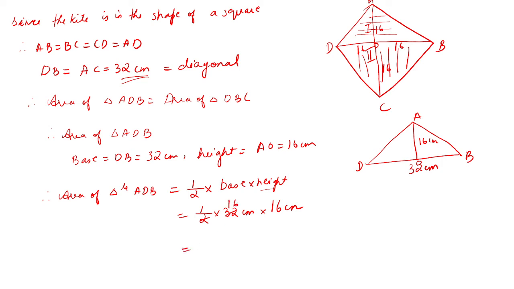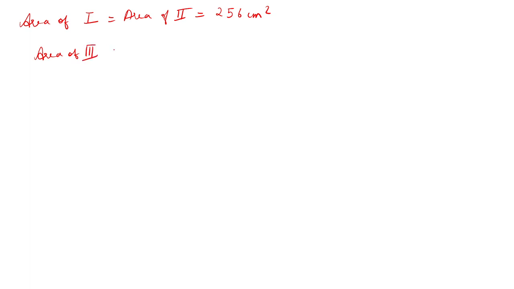So 16 centimeter into 16 centimeter will give you 256 centimeters square, and this is also the same as the area of triangle DBC. So finally you can write this as area of 1 is equal to area of 2, and both of these are equal to 256 centimeters square. And what did we find area of 3 as? Area of 3 is equivalent to 17.92 centimeters square. So this is the given answer. I'll do the remaining 2 questions in the next video.